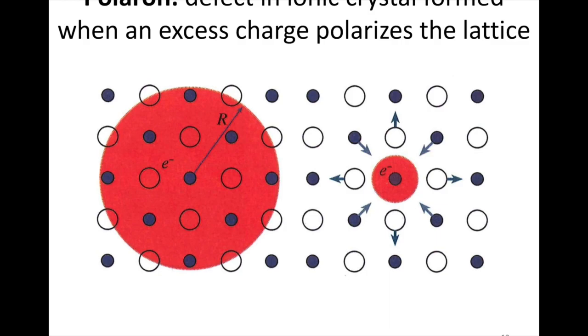That's what this shows over here. We have an extra electron at a site, and that causes the dissimilar charges, the positive charges here, to be closer to it, so they move towards that. And that's going to distort the area around it in the lattice.